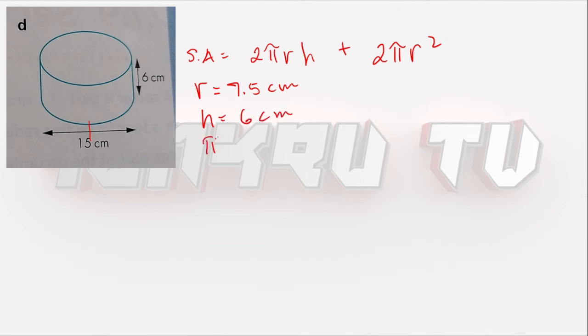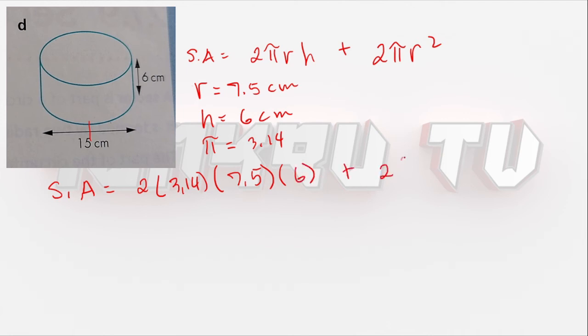Then again, okay, kung merong instruction na pi let be equal to 3.14 or use 3.14 for the value of pi. Okay, so surface area. Okay, so 2 times 3.14 times 7.5 times 6.